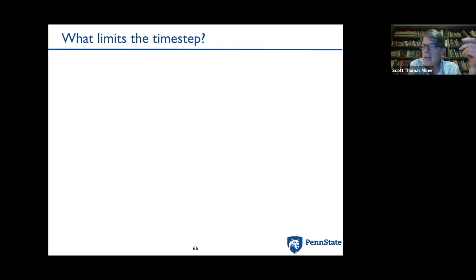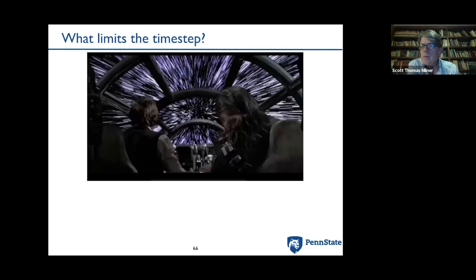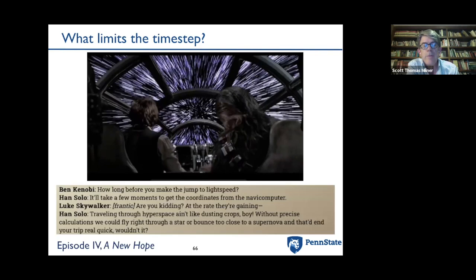And the reason, again, comes from Star Wars. If you'll remember the jump to light speed, and if you're a little fuzzy on the exact dialogue at this stage, you can read it here, where wise Ben Kenobi's asking, how long before you make the jump to light speed?